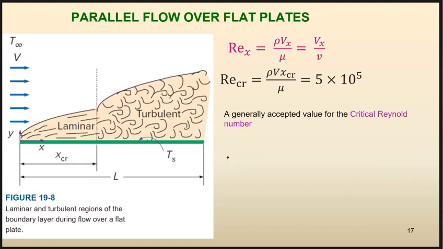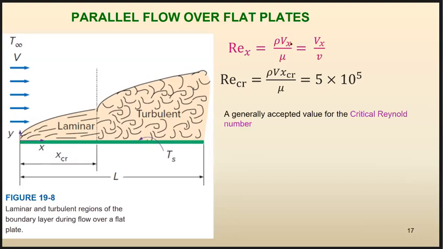How do you calculate the Reynolds number? It is density times velocity times x over mu.